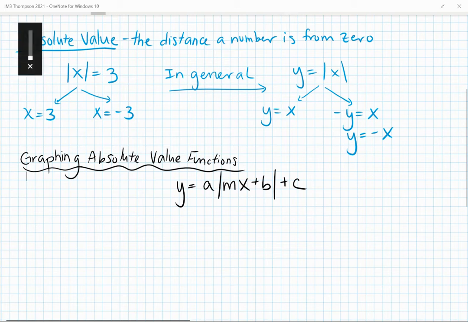And there's multiple ways you can find the information. I'm going to show you two.